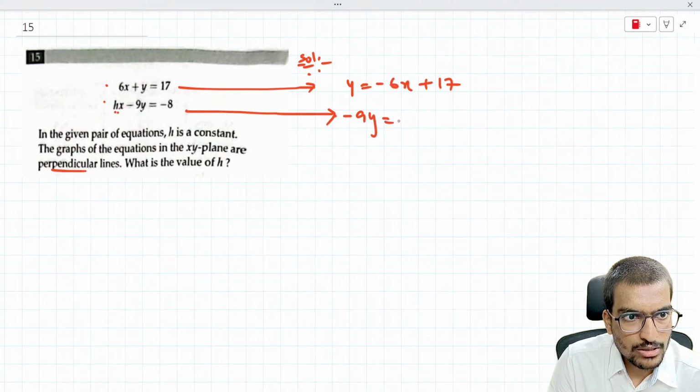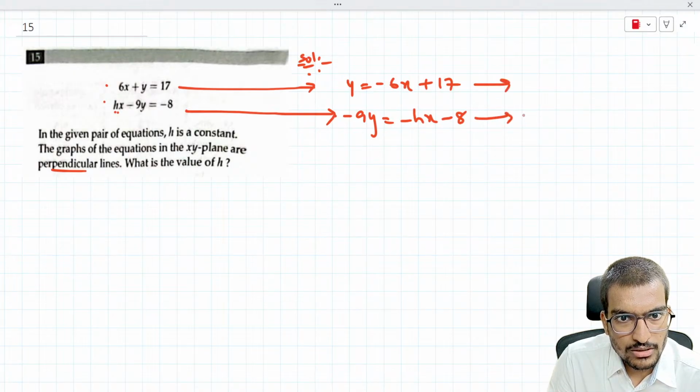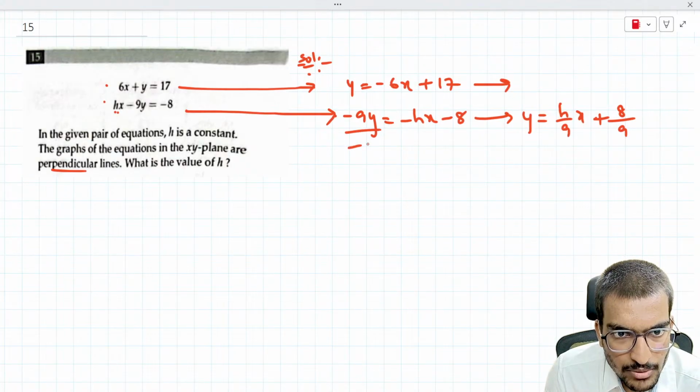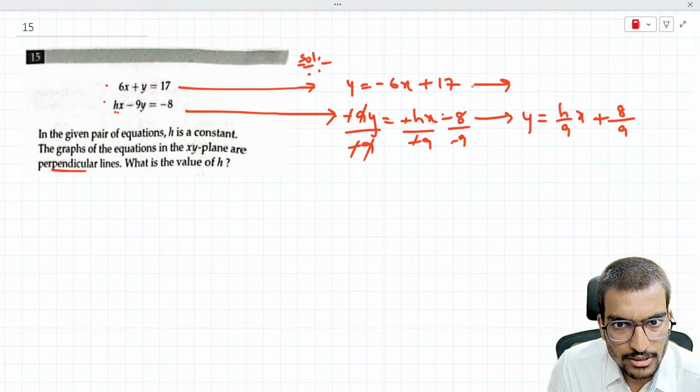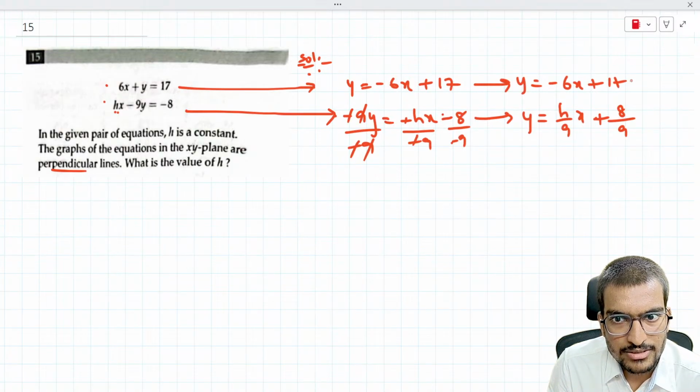Negative 9y equals negative hx negative 8. So the equation turns out to be y equals h by 9 x plus 8 by 9, because we divided by negative 9 throughout. So we have these two equations.